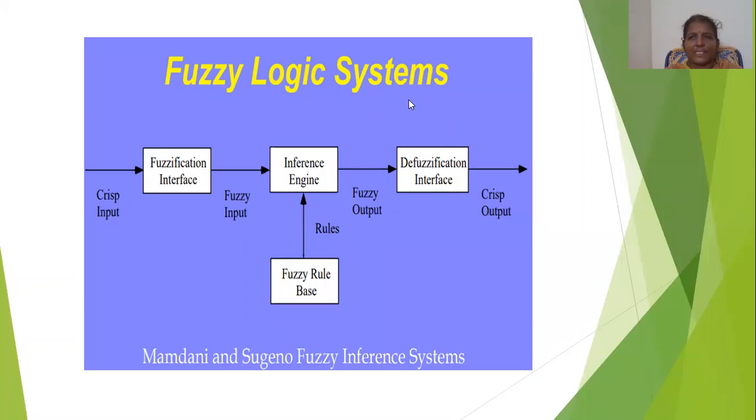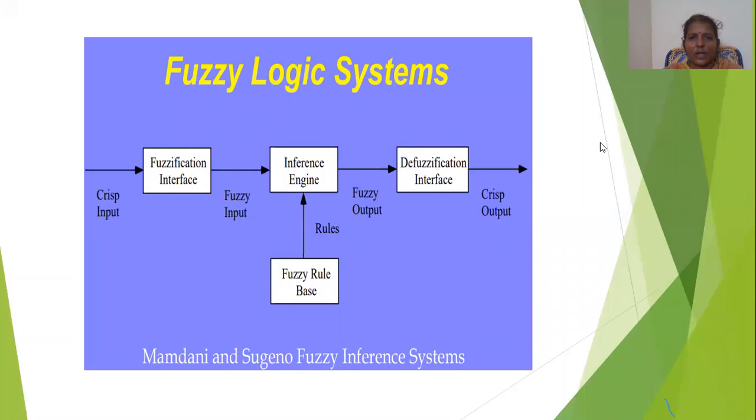So, in fuzzy logic systems, basically we need to evaluate crispy sets only. Our input is a crispy set. Our final output is also a crisp output.